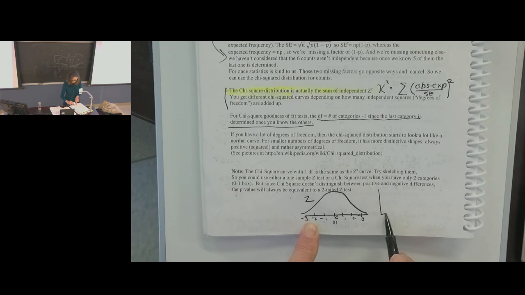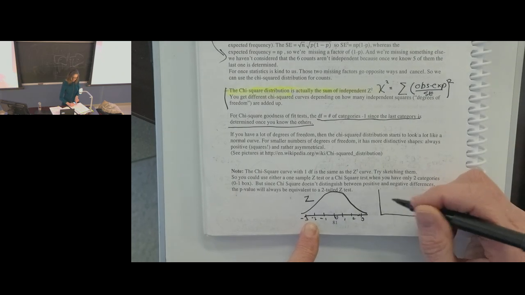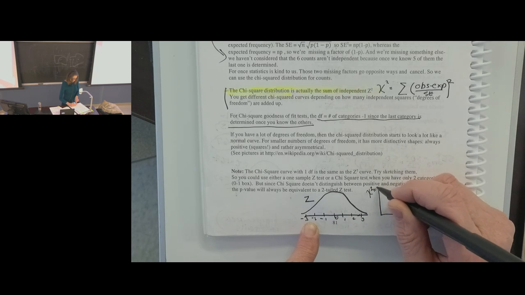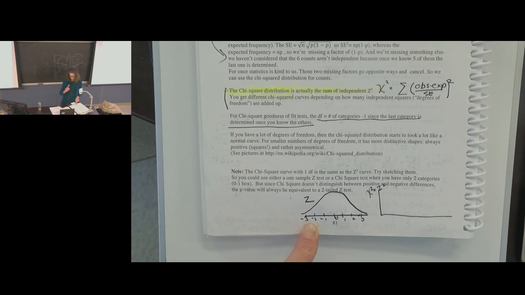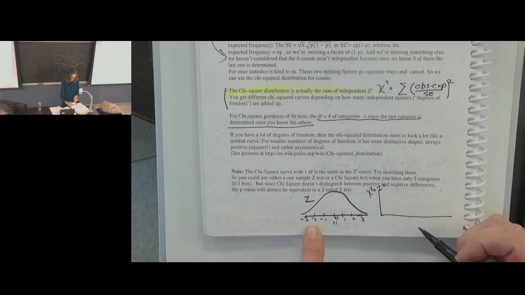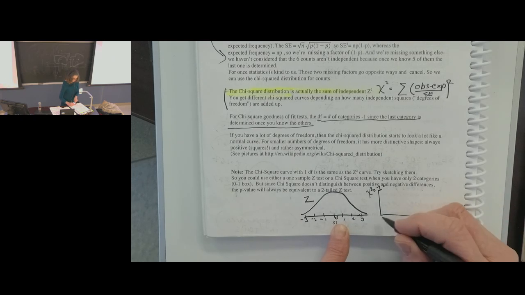So what's it going to look like for 1 degree of freedom? This is going to be z squared, which is chi-squared, for 1 degree of freedom. You're just taking 1. So if I got a 0 squared, what happens if I get all these negatives? They're going to be the same as these. So let's say I got anything between 0 and 1.